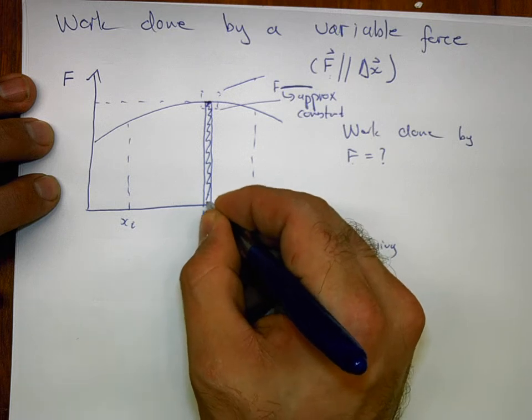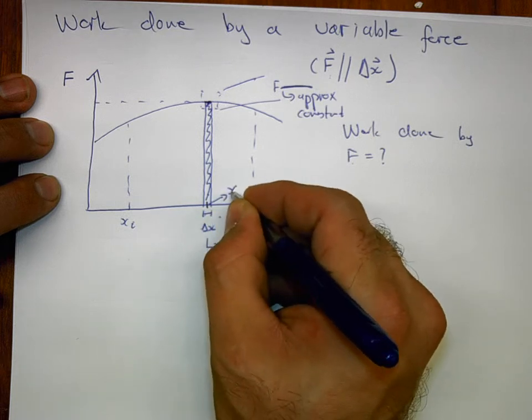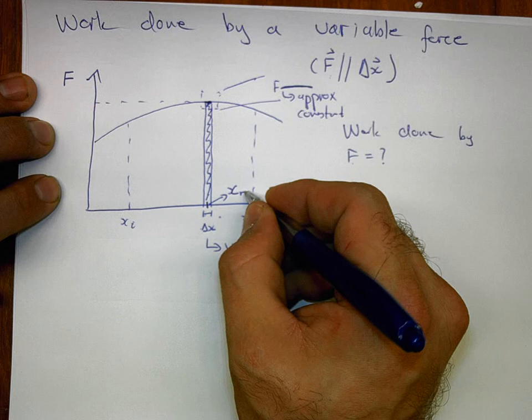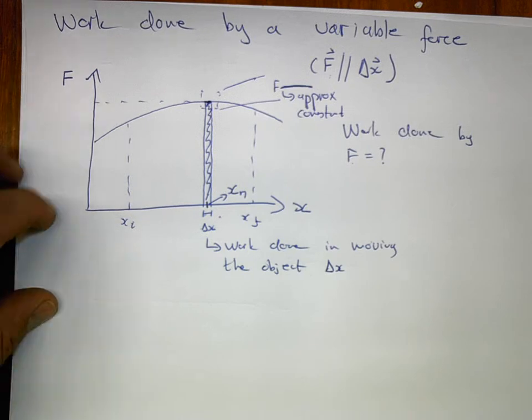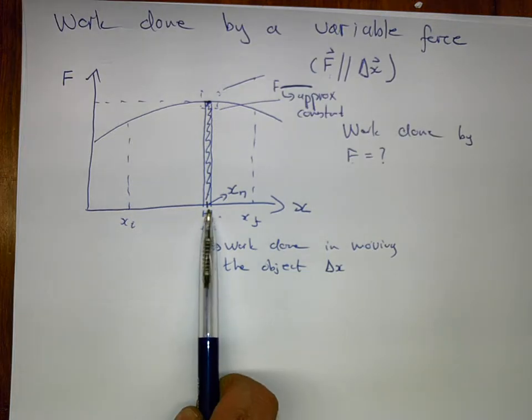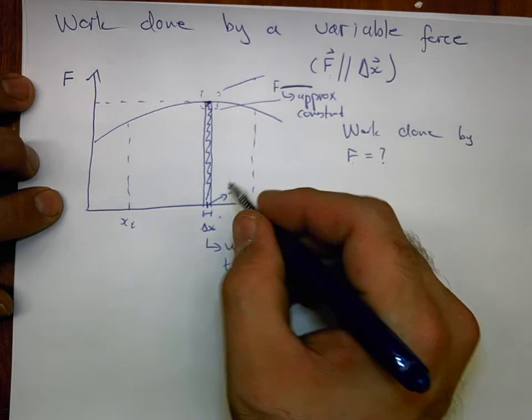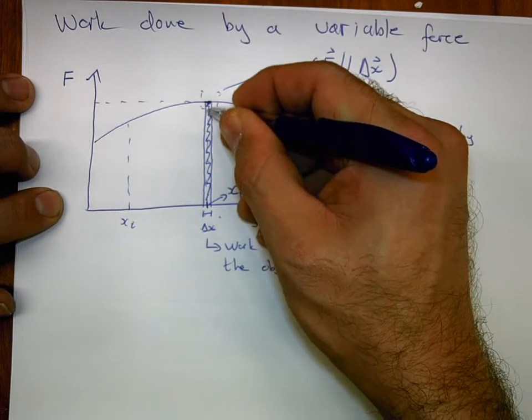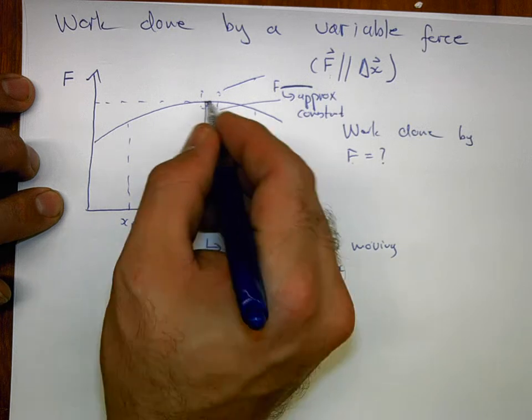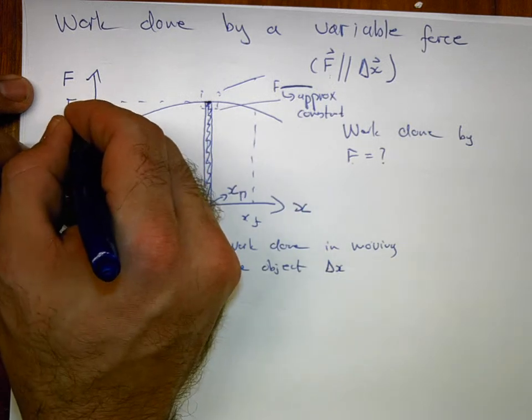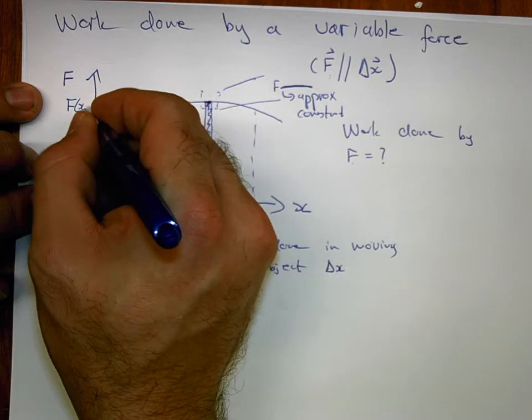Let's say over there we had some value of x. So that's in the middle of that rectangle. I'm just going to call it xn for now. So the value of the force over this interval is approximately equal to that.